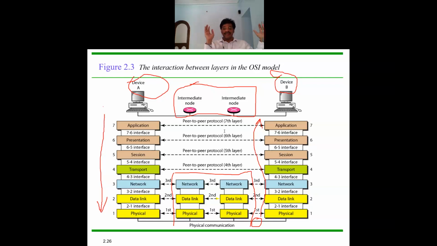And again, it's said that for cloud computing or the cloud architecture, we are utilizing the facilities that are supported in all the 7 layers that are suggested in the OSI model.